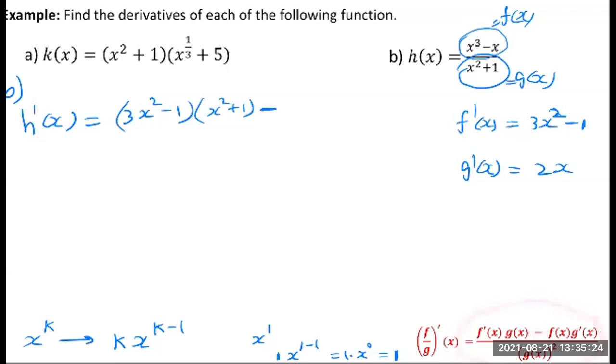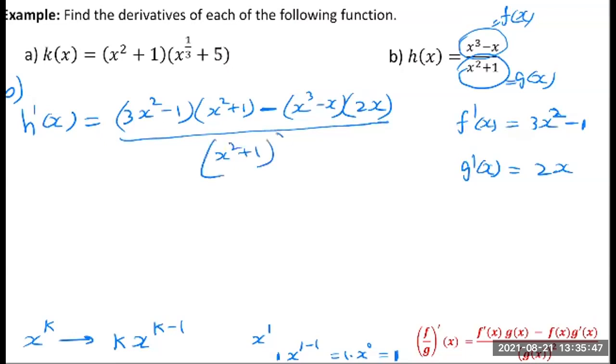If you look at this formula, you have a minus sign, and then f of x times g prime of x. f of x is x cubed minus x, times g prime of x, which is 2x. Everything divided by g of x squared, where g of x is x squared plus 1. You need to have the square. Notice that you have g of x squared in the bottom, so it should be g of x squared. This is your answer.